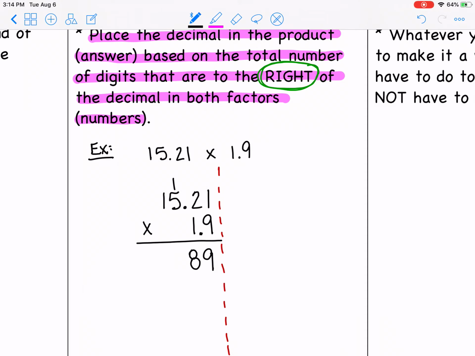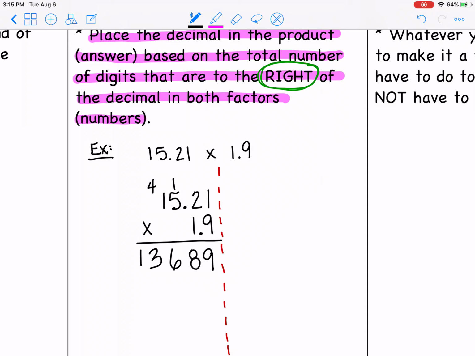Plus 1 more is 46. Drop the 6, regroup the 4. 9 times 1 is 9. Plus 4 more is 13. So there is the first partial product.